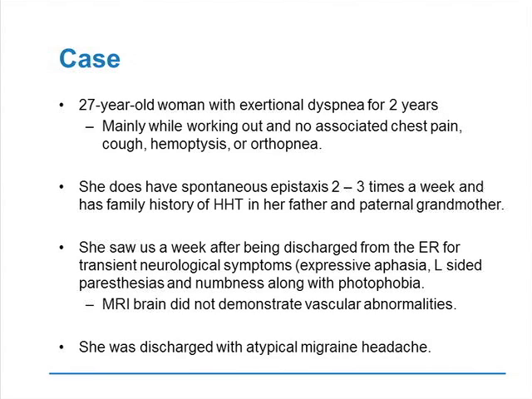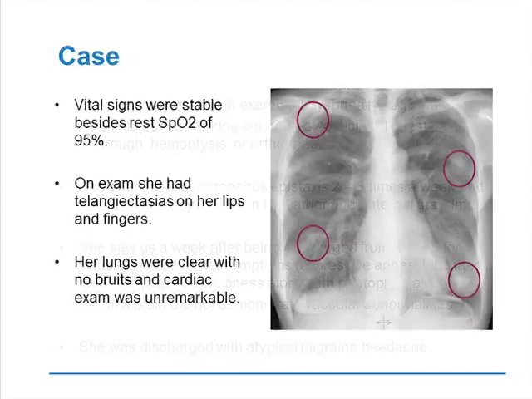The ER didn't feel that a significant neurological event like a stroke could be happening because of her age. However, they did an MRI of the brain and said there's nothing wrong here, you likely have an atypical migraine headache, and she was discharged. However, given her family history of HHT, she was concerned and she came to see us.